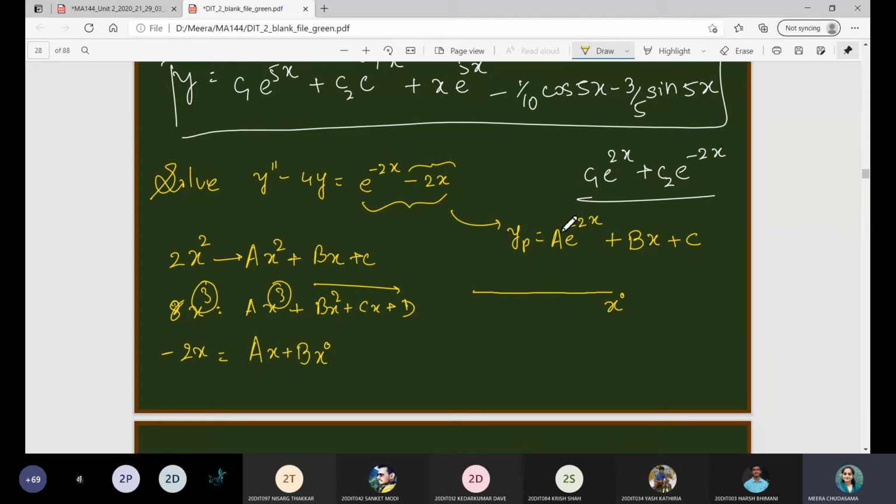तो पहले मॉडिफिकेशन चॉइस ये होगा। अभी नाउ यू कैन सी दैट e raised to minus 2x function involved in the complementary function, so corresponding this choice has to be modified, so it will be a x e raised to minus 2x plus bx plus c. So this is the modification of particular choice of particular integral.